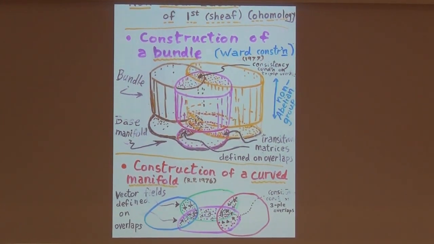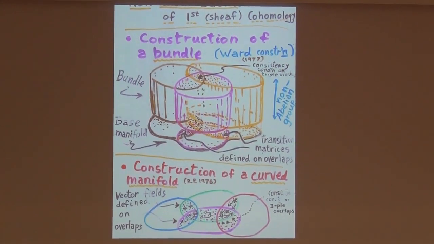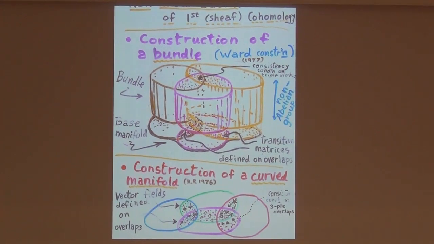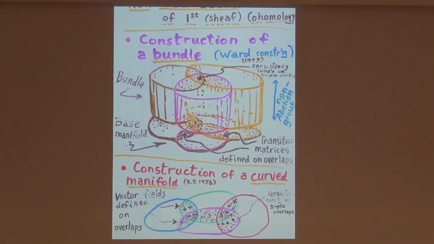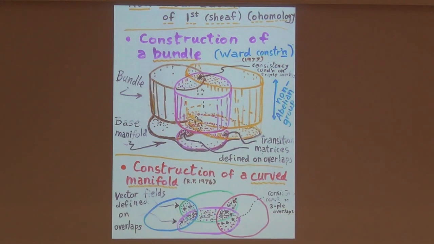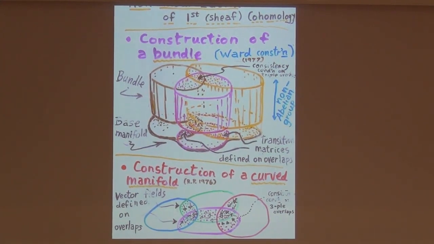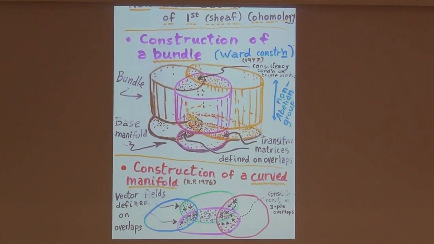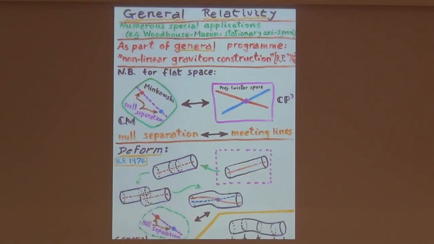This is Richard Ward's way of constructing all the self-dual Yang-Mills fields, and which was developed from the earlier construction I had for all the anti-self-dual, I guess it is with the conventions, anti-self-dual solutions of the Einstein equations by patching together in this sort of way. Let me be a little bit more explicit about what's going on by going to the next slide.